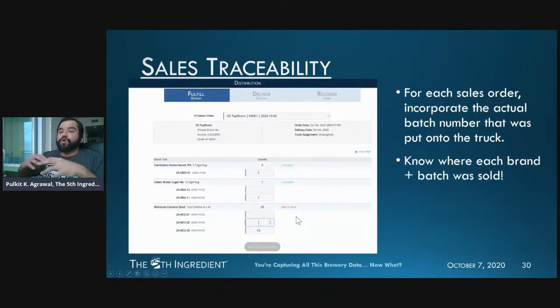This becomes super awesome for traceability, where now, if you start thinking about the loop, you know exactly what was brewed into batch number 3, what raw materials were used, you know the cost of goods associated with batch number 3, and then from there, you know exactly what location that batch number 3 went to, and I had 16 cartons that went to my SD Tap Room, right? That's really cool because that ends up showing that whole sales traceability side and tying that up together to know exactly where your product is being placed.